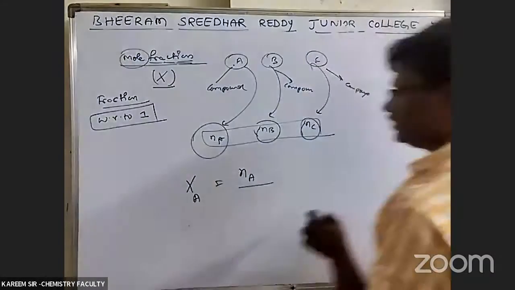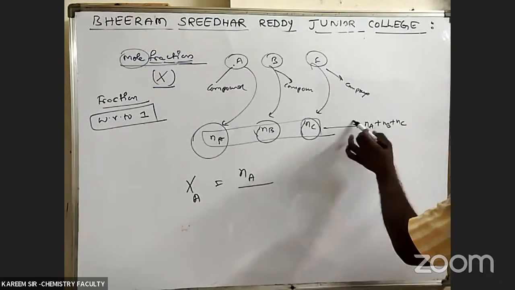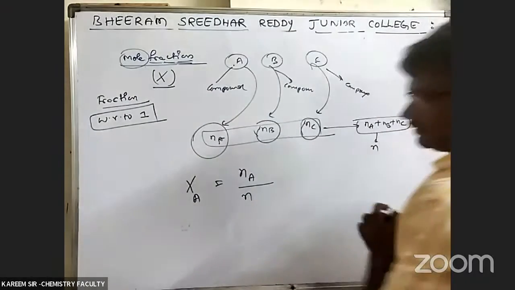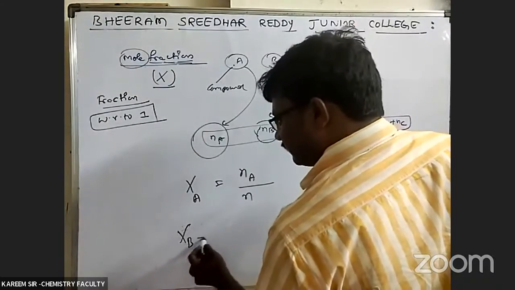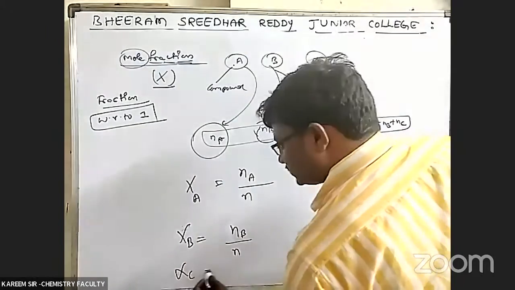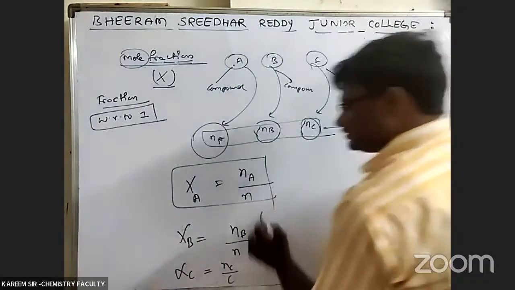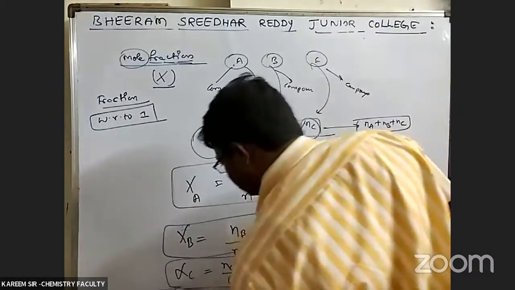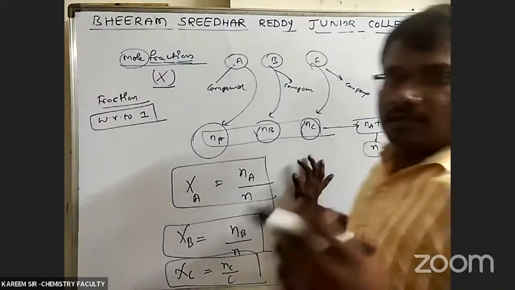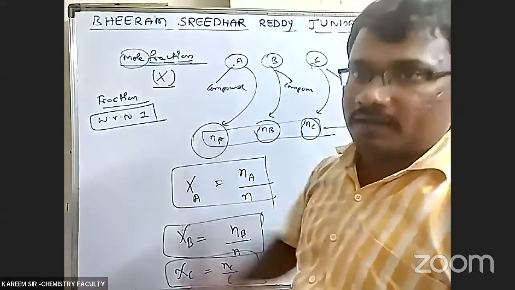The total number of moles is Na plus Nb plus Nc, so you can take it as N. Then Na by N. To calculate the mole fraction of B, Nb by N. To calculate the mole fraction of C, Nc by N. So mole fraction means with respect to the total number of moles, we take it as with respect to 1 and divide. When we divide by the total number of moles, it tells how much is there with respect to 1.